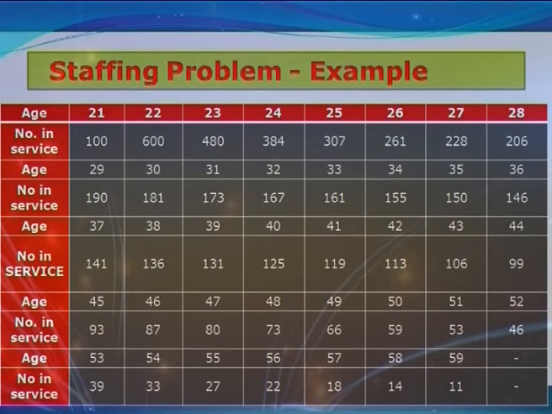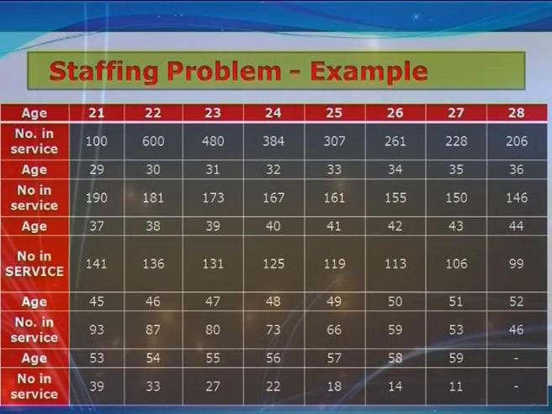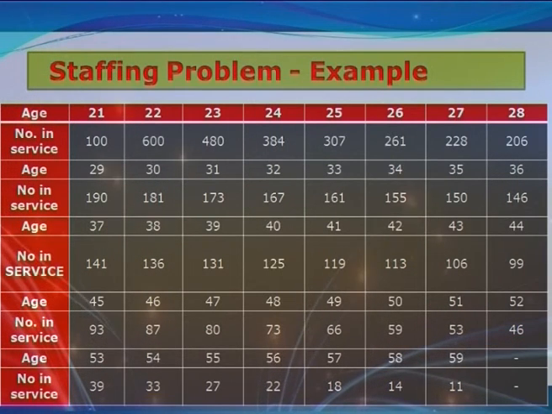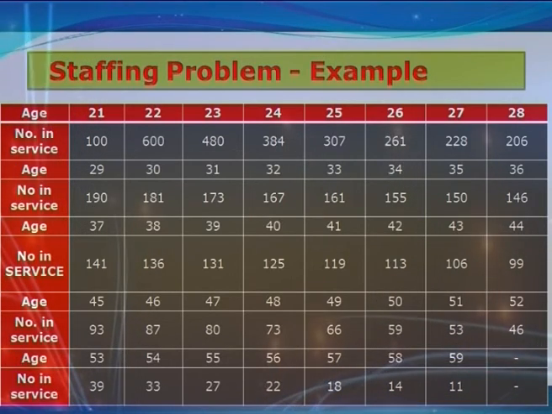First, third, fifth, seventh and ninth rows represent the age from 21 to 59. Second, fourth, sixth, eighth and 10th rows represent the number in service of respective ages.